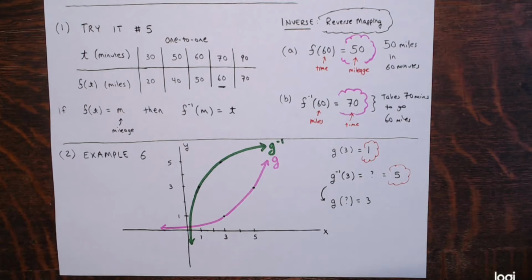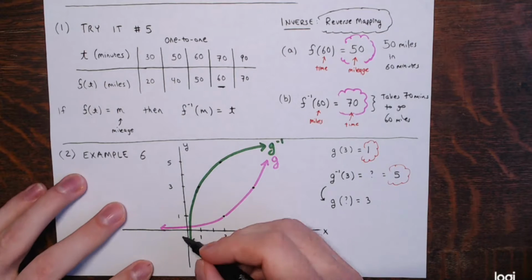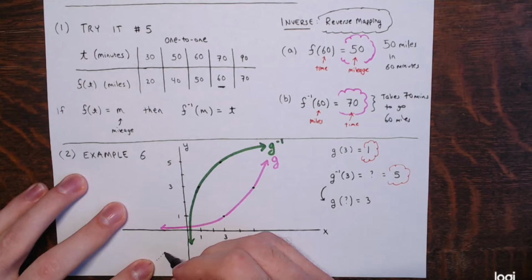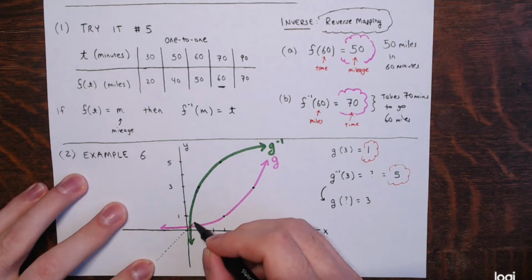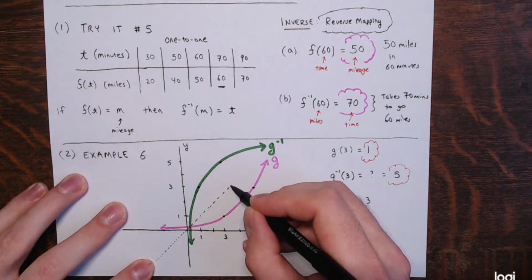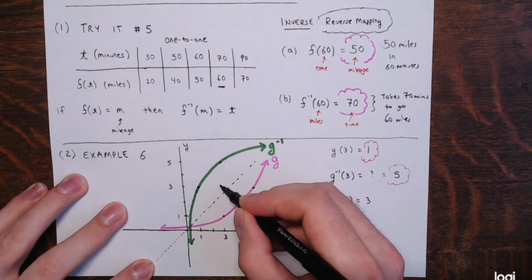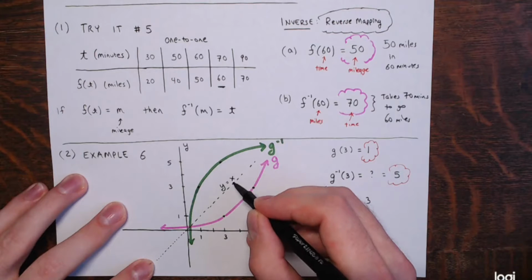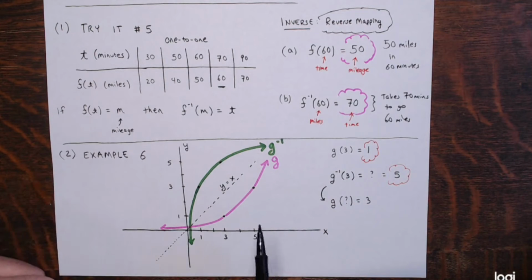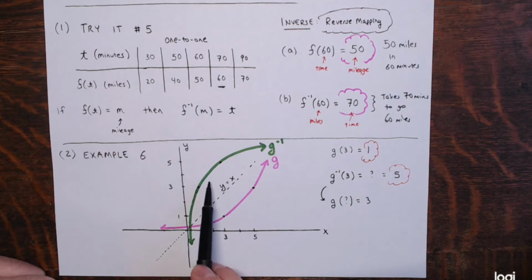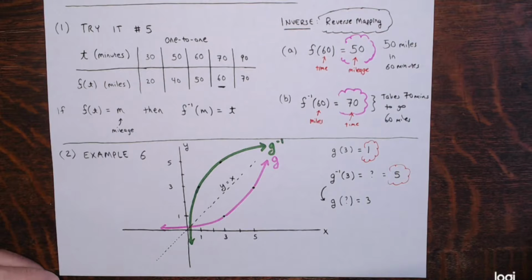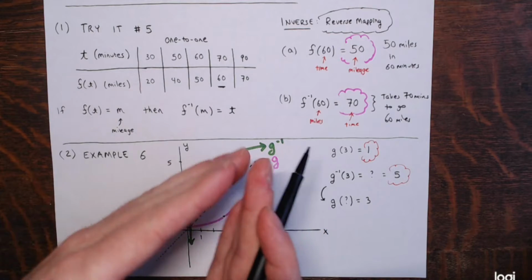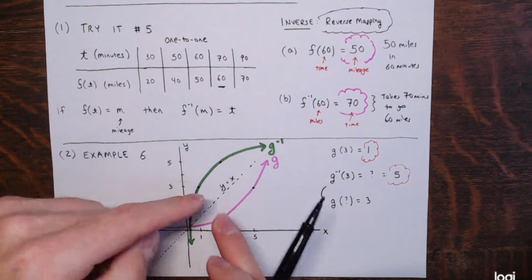And another thing I pointed out in a previous video as well: if you look at the graph y equals x, remember that line with a slope of 1 going through the origin, there's y equals x. Remember, the graphs of inverses are just a reflection across the line y equals x. If you were to fold along the line y equals x, these two graphs would meet each other.